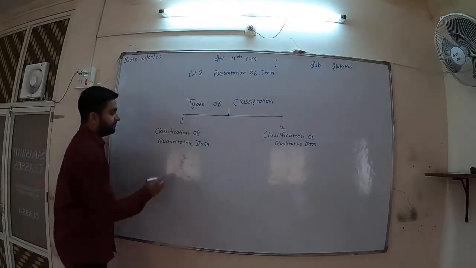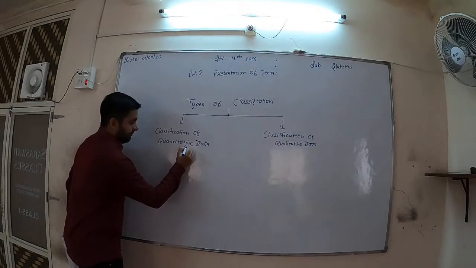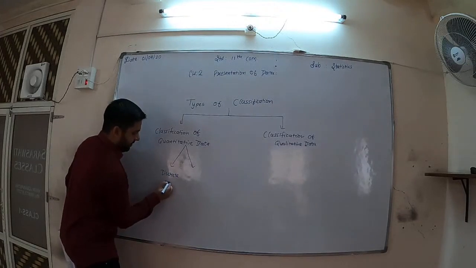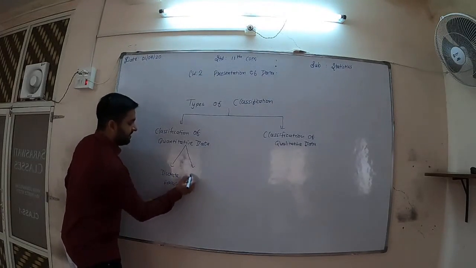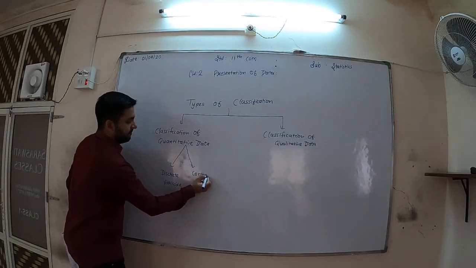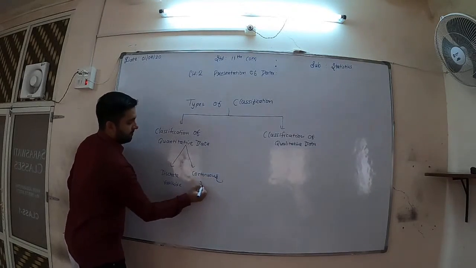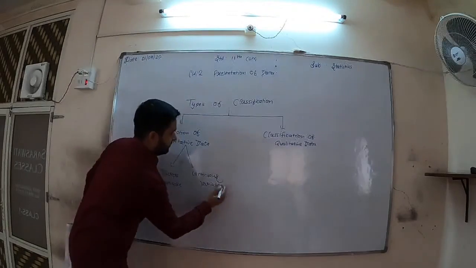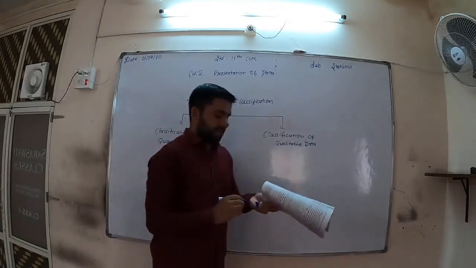Again, two subtypes: discrete variable and continuous variable.